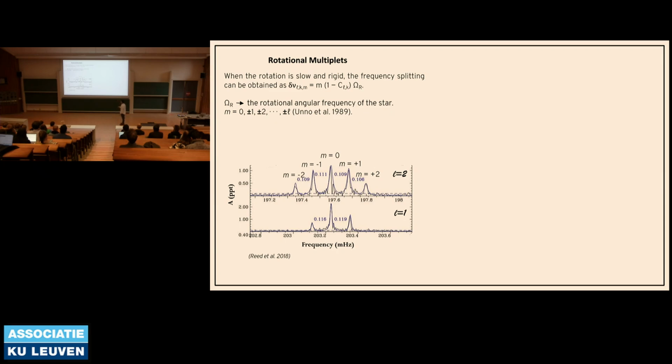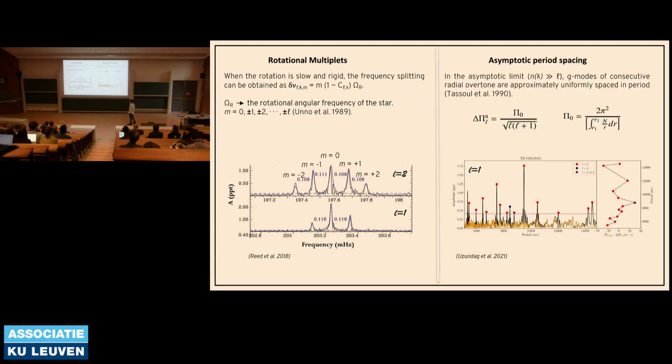I'm showing you a dipole mode, equally spaced in three components, m equals 0, minus 1, and plus 1. And the upper one is the quadrupole mode, nicely spaced with 5 components, for one of the sdBs observed by the Kepler Space Telescope.